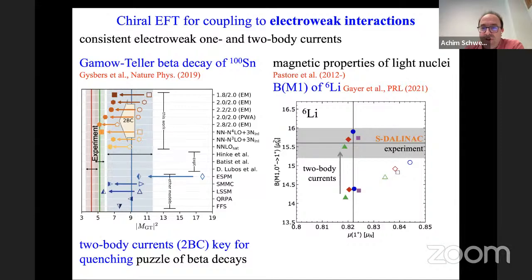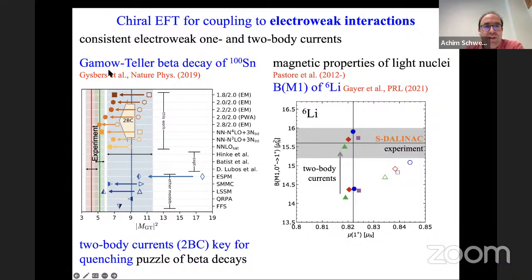Here I take a recent example, a magnetic dipole transition for lithium-6. If you include only one-body currents, so the photon couples just to neutrons and protons, you get these results. But to be consistent with experiments, you need to include two-body currents. So there are important effects of two-body currents in light nuclei. The order of magnitude is 10%, and in heavier nuclei, the impact is larger.